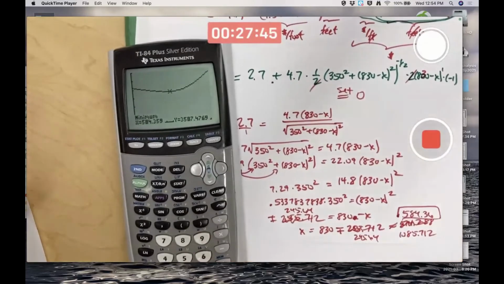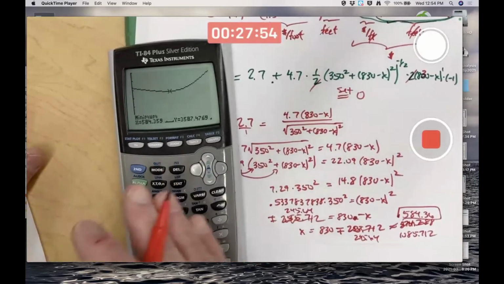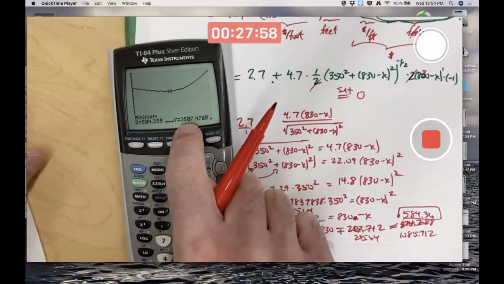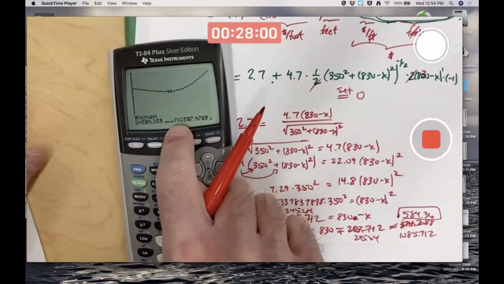It's somewhere on your screen. What's the actual minimum cost in dollars? Somewhere on the left side. Right there, the y coordinate, that's the minimum cost. About $3,587.